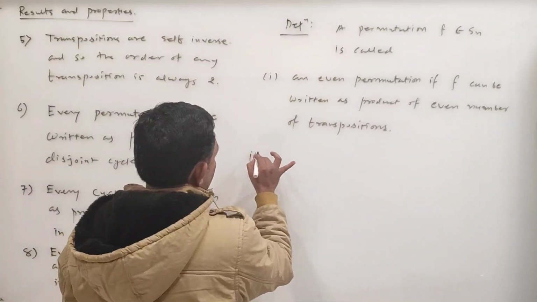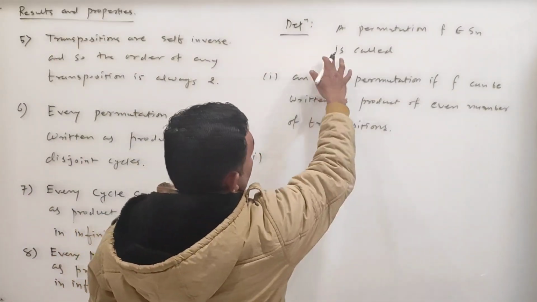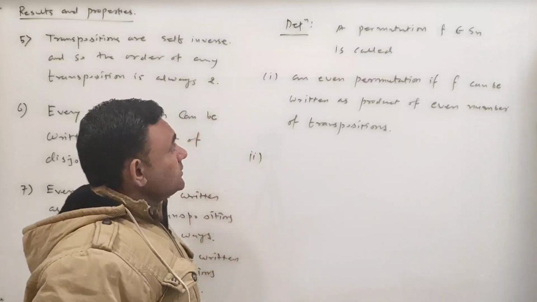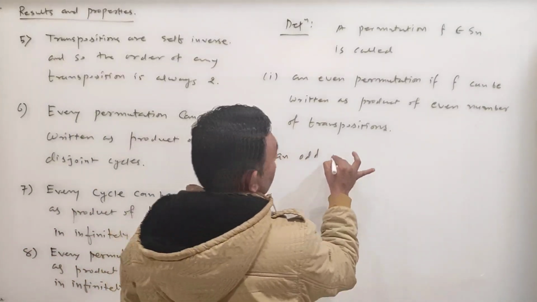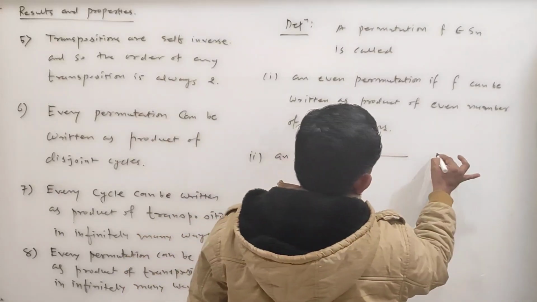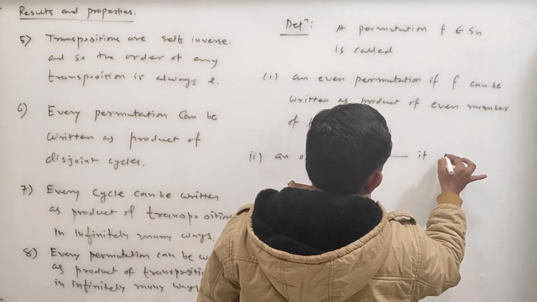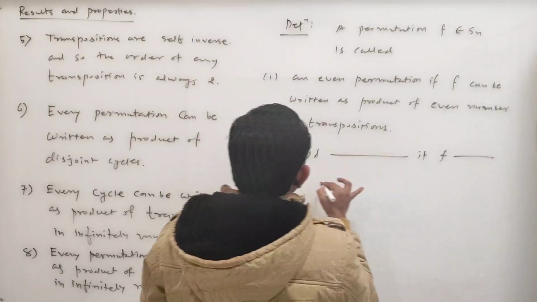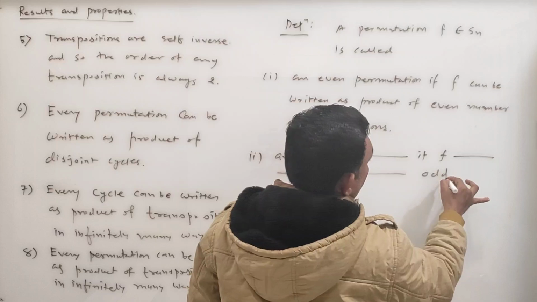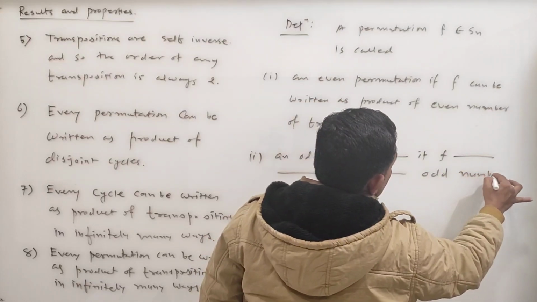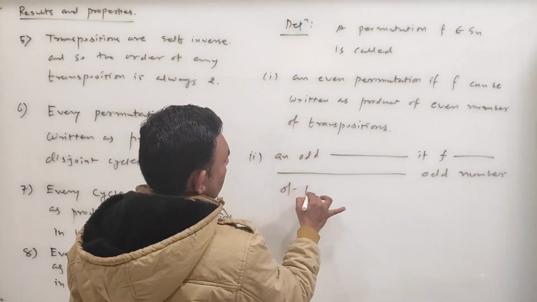And the second thing, a permutation F belongs to Sn is called an odd permutation if F can be written as a product of odd number of transpositions.